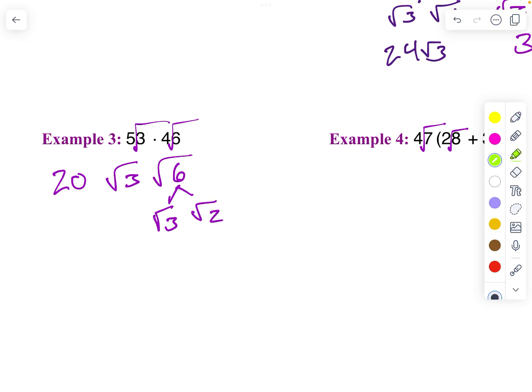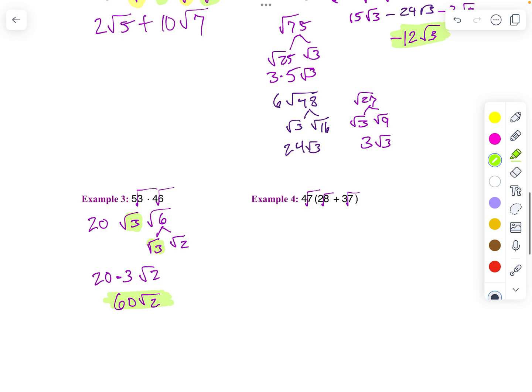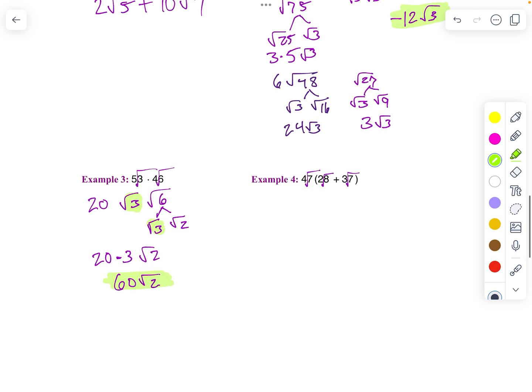And notice I got 2 square roots of 3. So that is 20 times 3 times the square root of 2. 20 times 3 is 60 square roots of 2. And we get our exact answer: 60 square roots of 2. Just like yesterday, no decimals today. At least no rounded decimals.